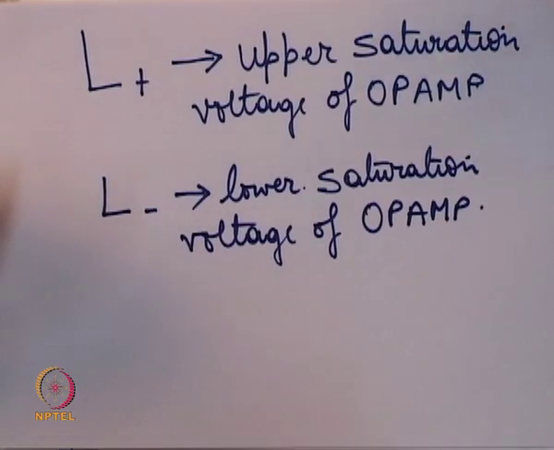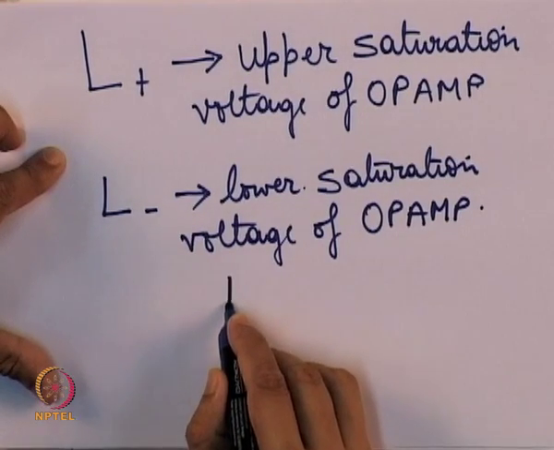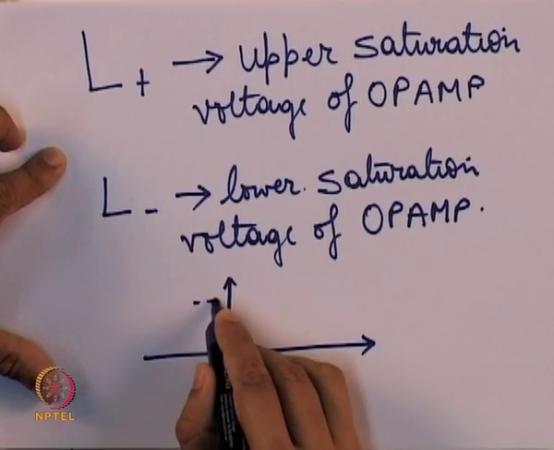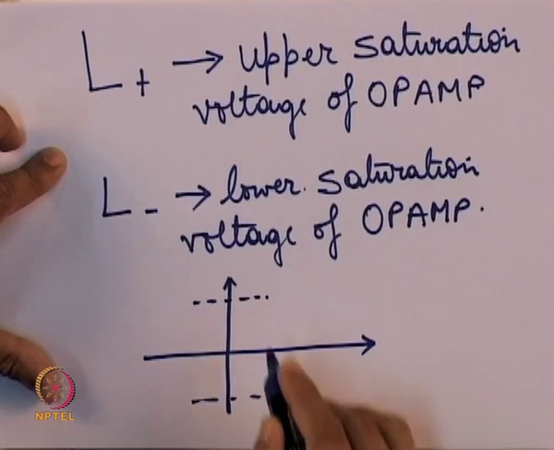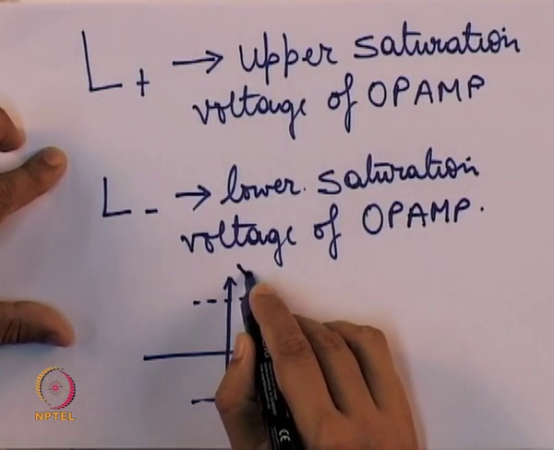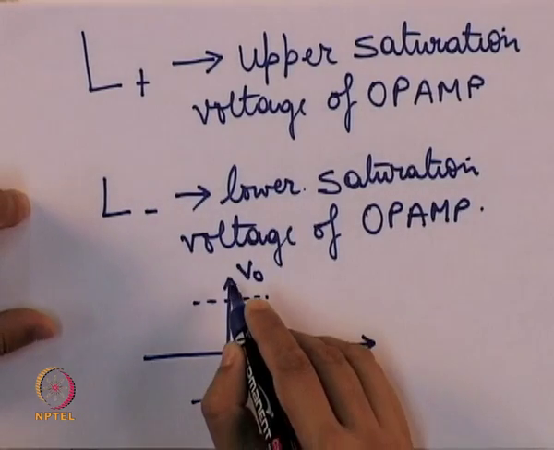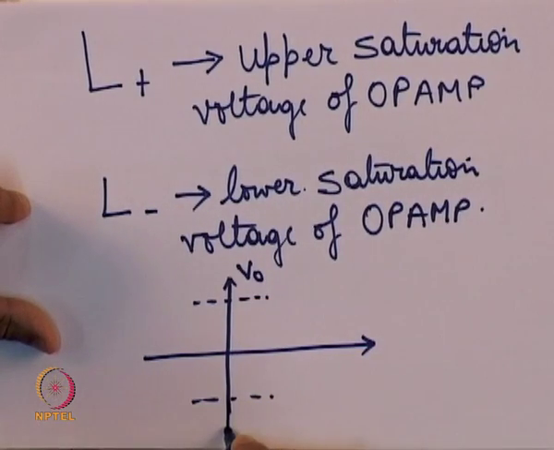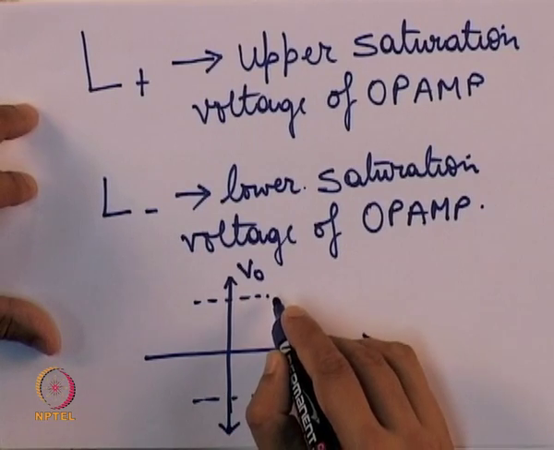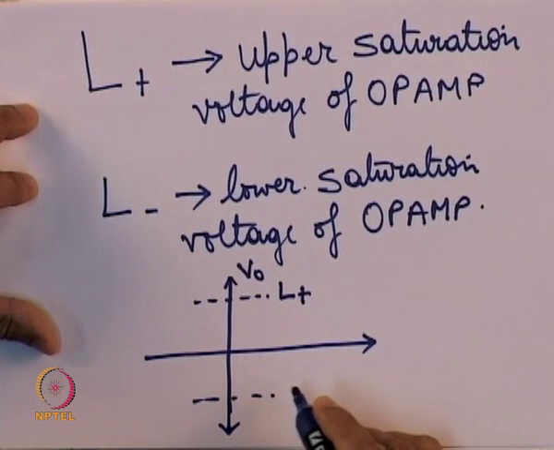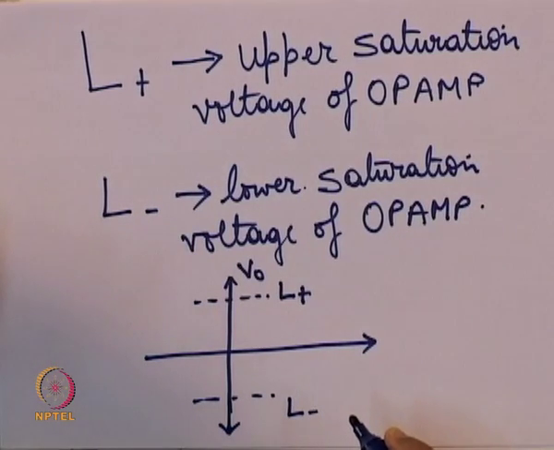So, what it means is that if we draw the output voltage, then L plus is the maximum. Say this x is some independent variable, which we shall see later on is the input voltage Vi, but the y axis represents the output voltage. Then L plus is the maximum positive voltage that can be present at VO, and L minus is the maximum negative voltage.